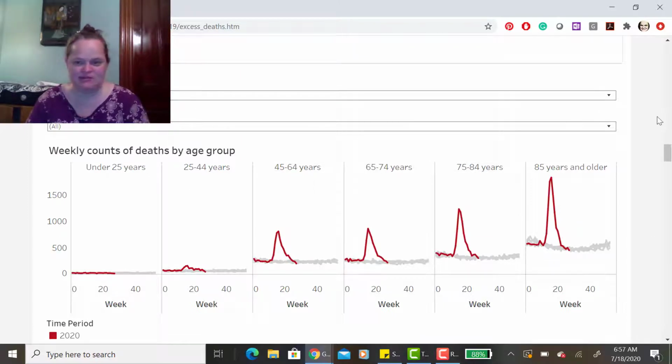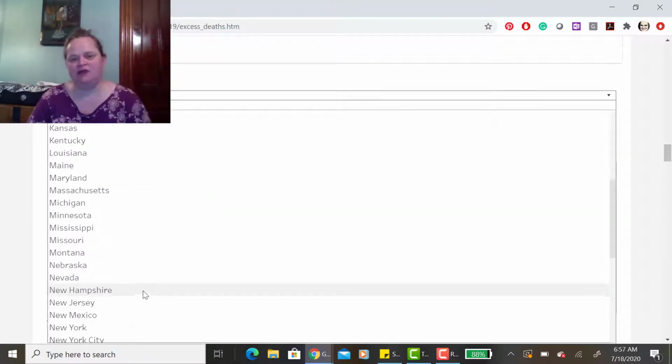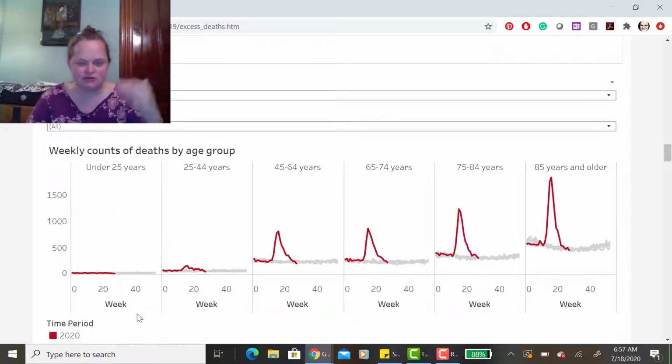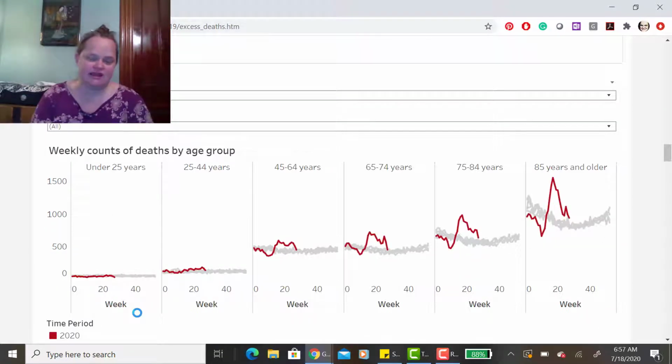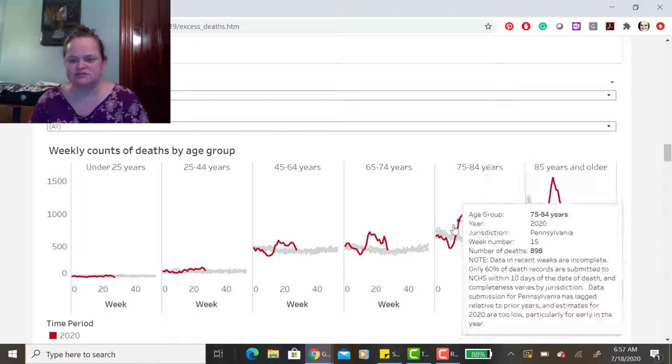And I didn't see Pennsylvania in one of my earlier ones, so let's look at Pennsylvania. I'm just trying to give you an idea. This is how I interpret the graphs. So I really encourage you to go in and pick your own state and your own concern. Now, this is a weird pattern where it drops down and then comes up. This may be an undercounting problem.